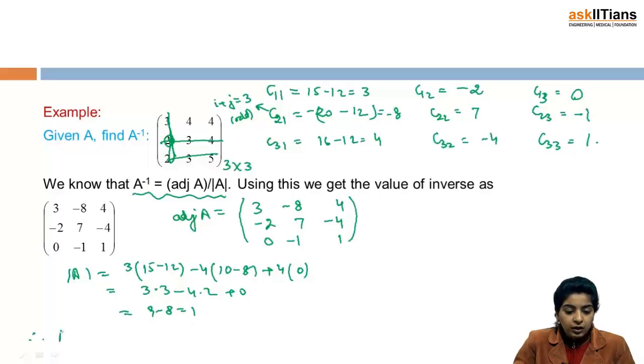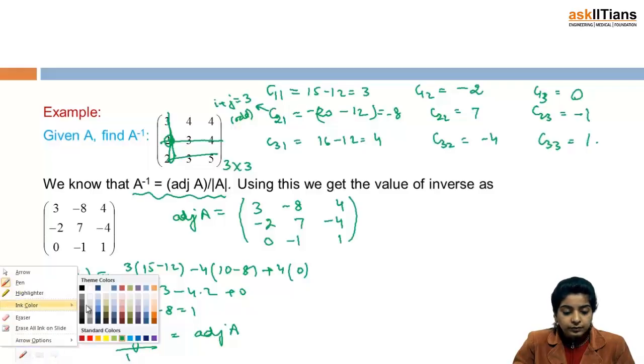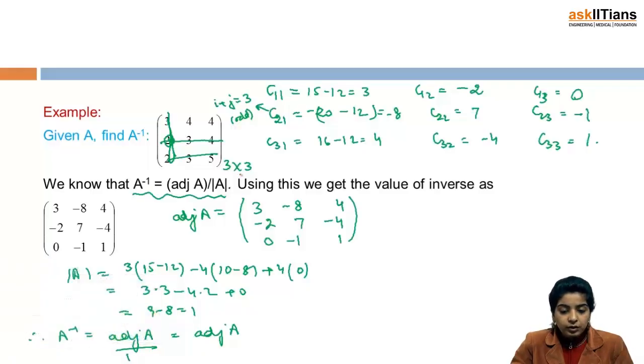And therefore A inverse is adjoint of A divided by 1, which is simply adjoint A. So this value is A inverse. Since determinant of A is coming out to be 1, this is equal to A inverse.